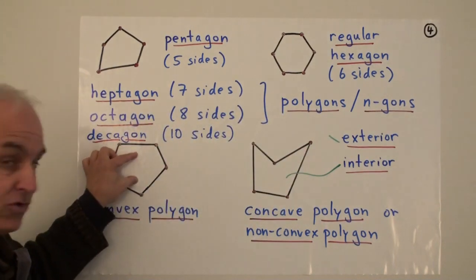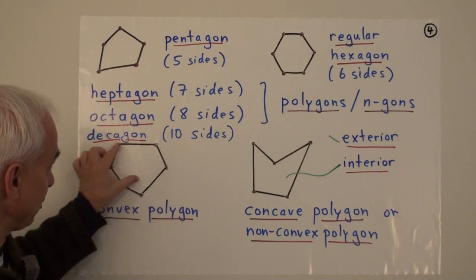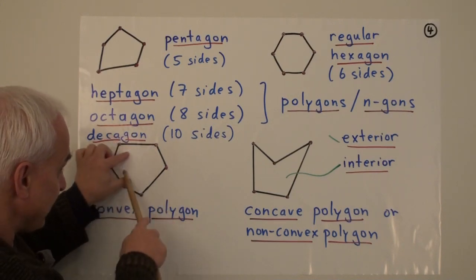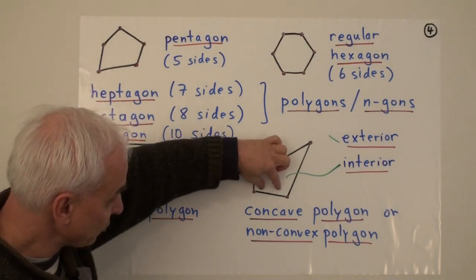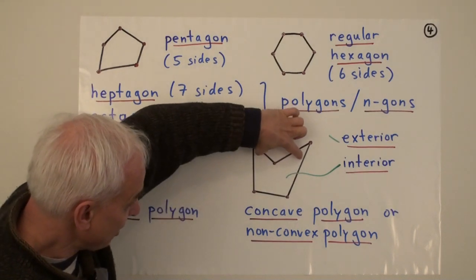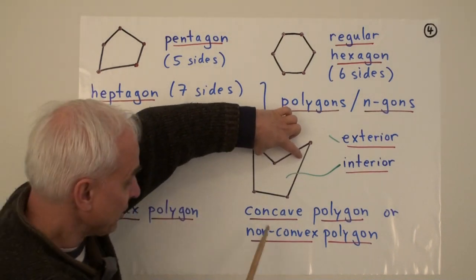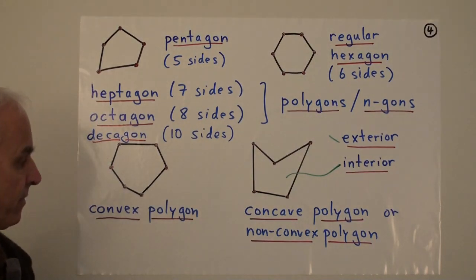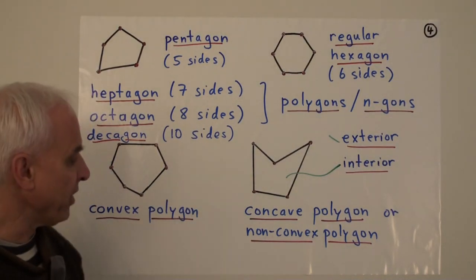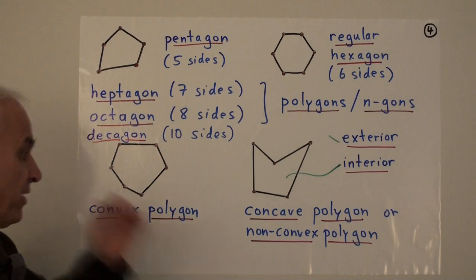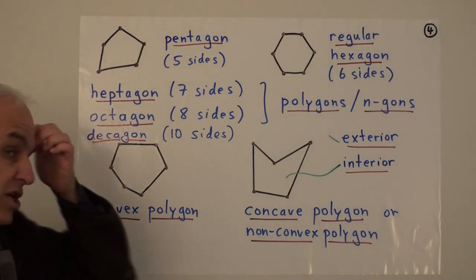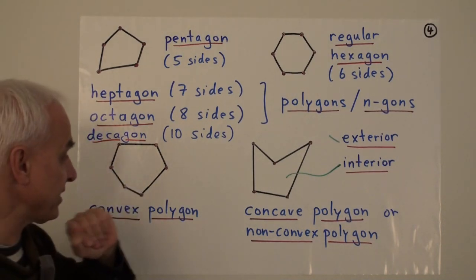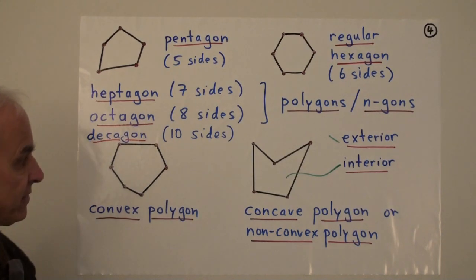That property is true for this polygon. No matter which 2 points you choose, the line segment's inside. Here it's sometimes true, but sometimes not true. So this is called a concave polygon or a non-convex polygon. Probably I prefer the word non-convex rather than concave. So I suggest you stick with that. Convex and non-convex.